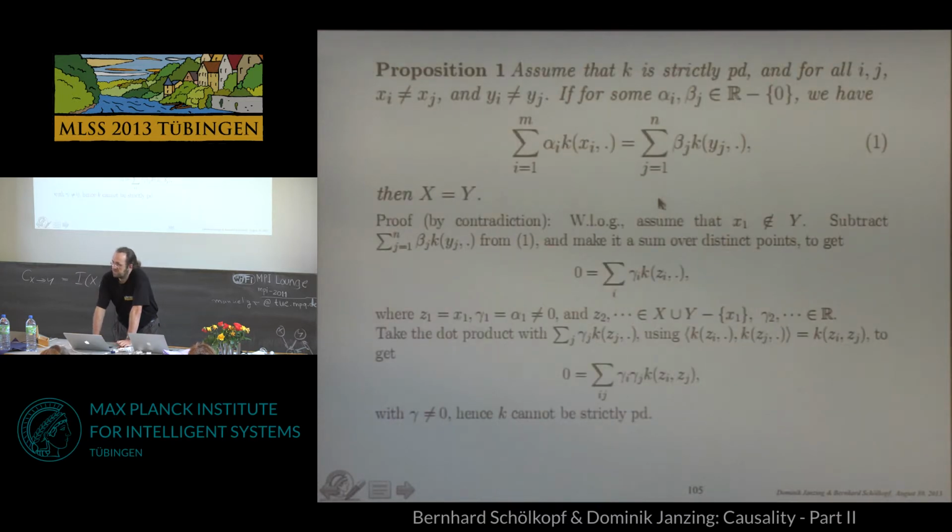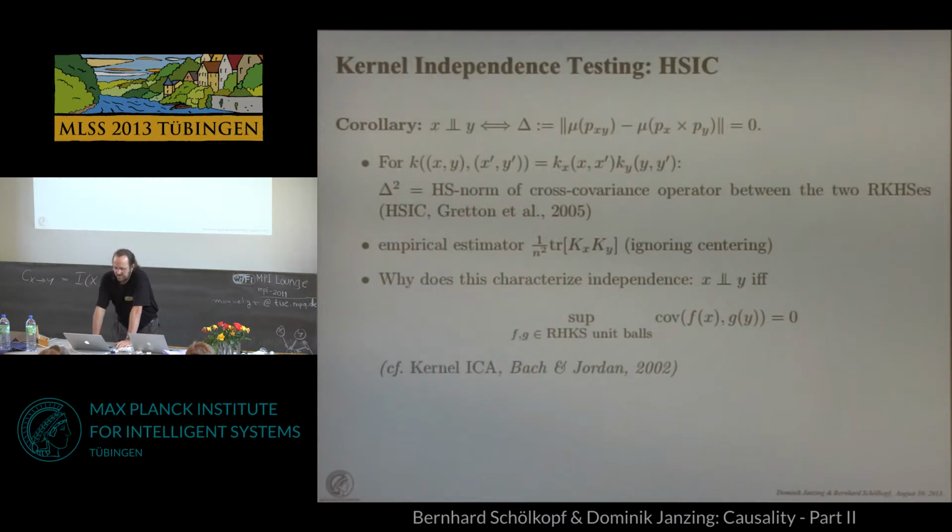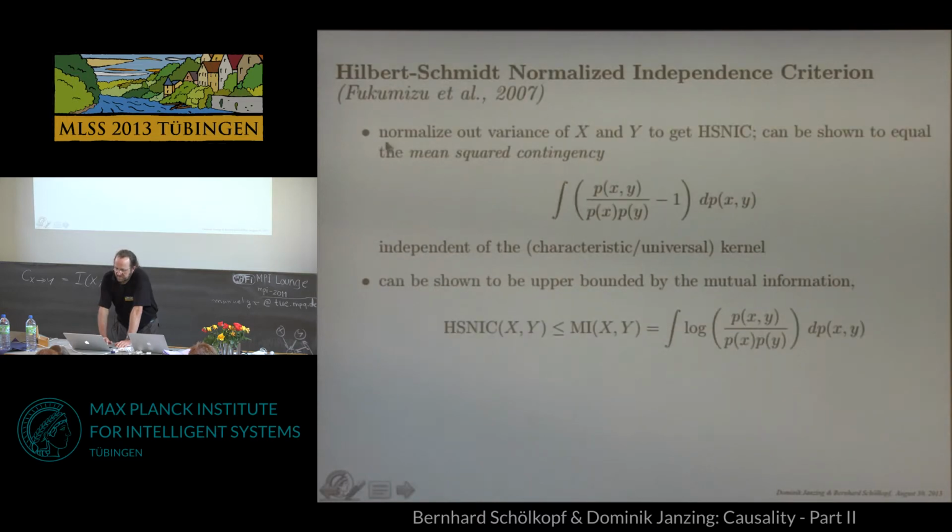Of course for the finite sample case you will not exactly have this, but this statement says that in the population case, this quantity will be equal to the so-called mean squared contingency, which is nice, because the mean squared contingency is a measure of how much a given joint density deviates from the factorizing density, averaged over the joint density.